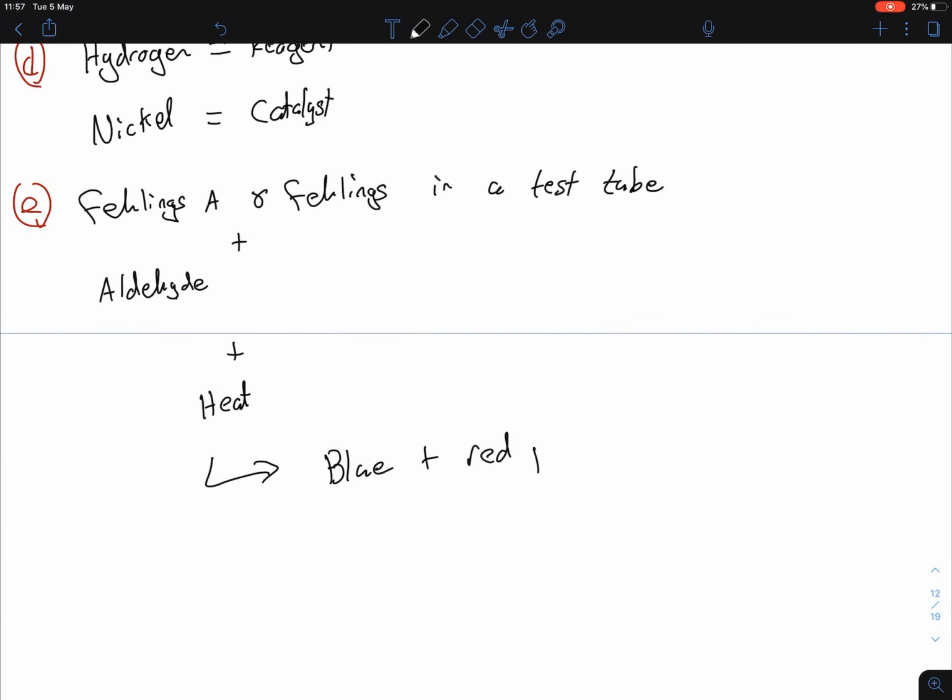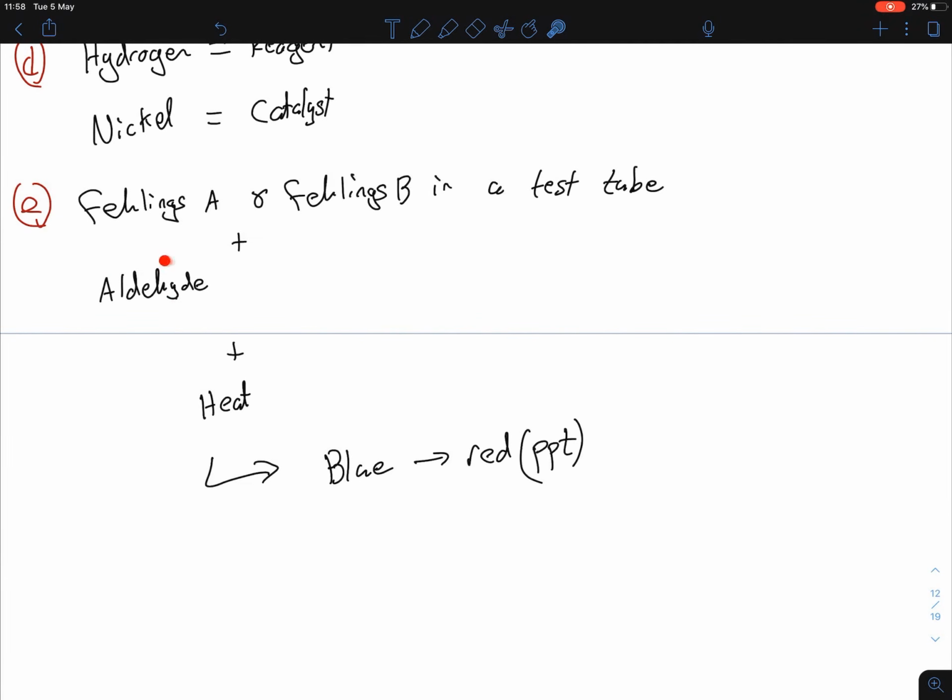Now the red is actually a precipitate, so we should really put the precipitate, PPT. So I'll repeat it again. For the Fehling's, I forgot to write down Fehling's B up here. Fehling's A and Fehling's B in a test tube, plus your aldehyde, you heat it and you get a blue to a red precipitate.